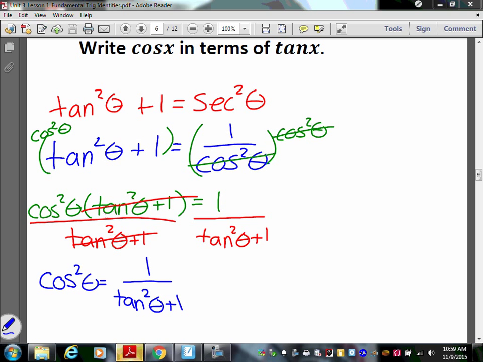So I chose an identity that related tangent and secant, but I know that secant's the same as 1 over cosine. I wanted to get rid of this fraction, so I multiplied both sides by cosine squared. I need cosine by itself, so I divide both sides by the stuff in parentheses there. And now I need to get rid of the squared.